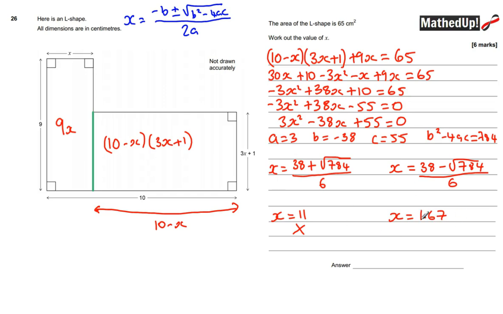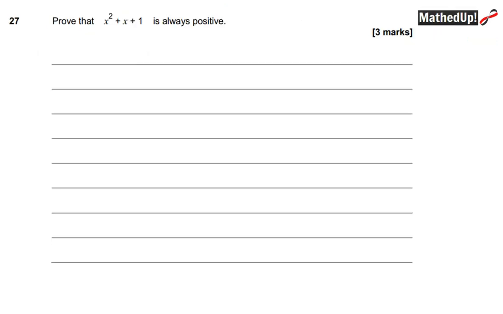So our actual answer is going to be this one here, which is 1.67 centimeters. That does work. So x is equal to 1.67 centimeters. There we go.